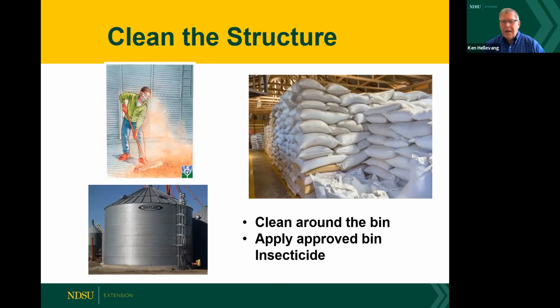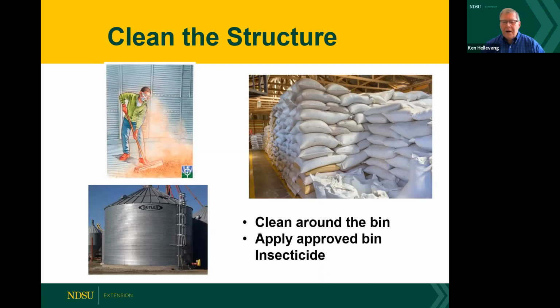When we look at cleaning the structure, it's important to think of all the different areas around that structure. On the left portion of the visual, we show an individual cleaning the inside of a steel grain bin.